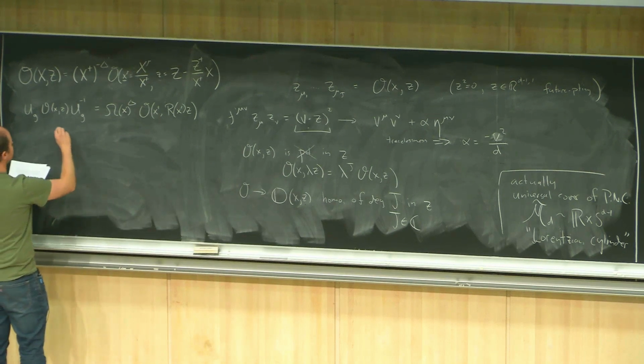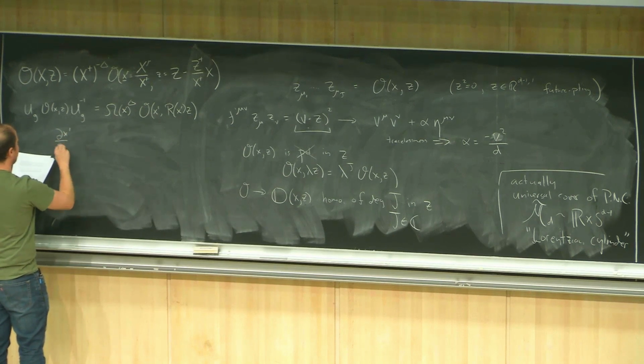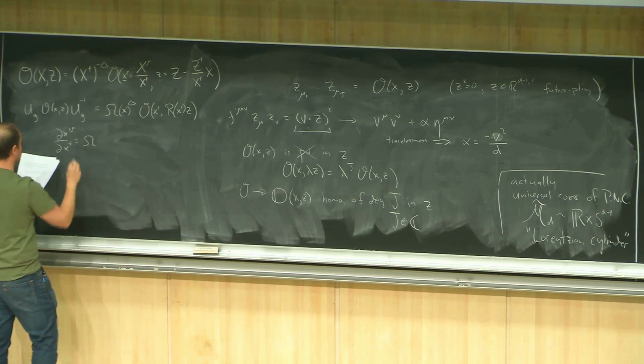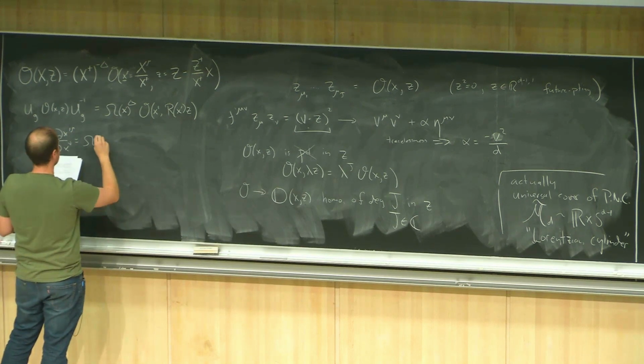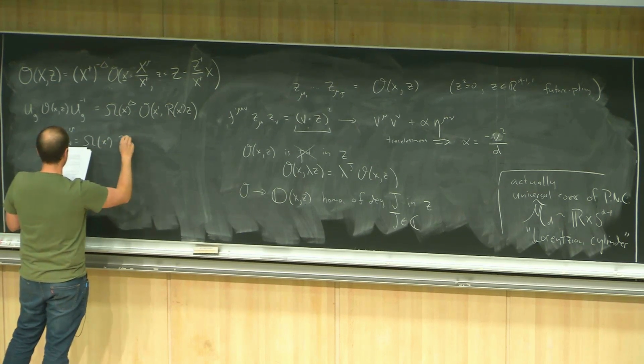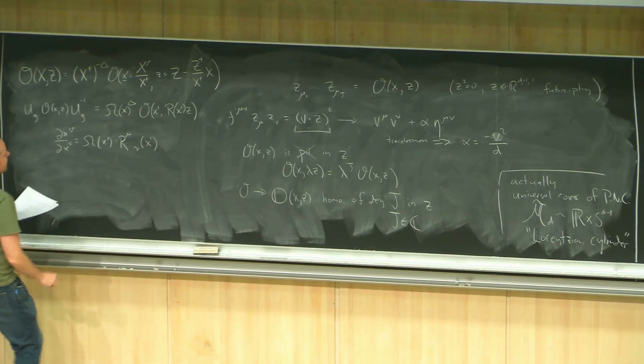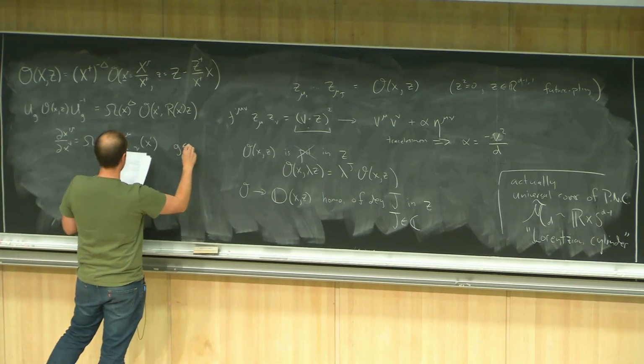And here, these omega and r are related to the derivative of the conformal transformation. So omega is the rescaling factor, and r is the local rotation that you get by doing a conformal transformation. And this is for some g in the conformal group.